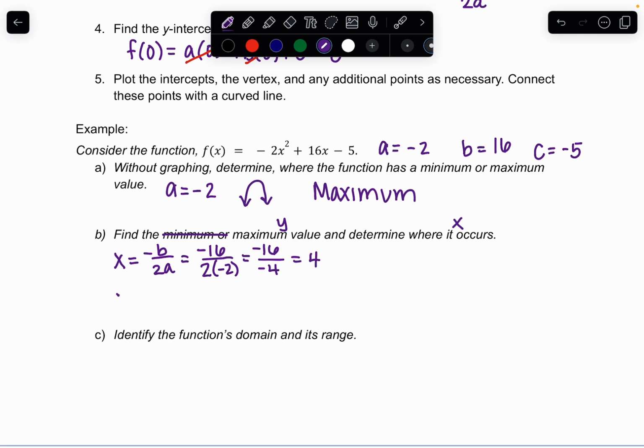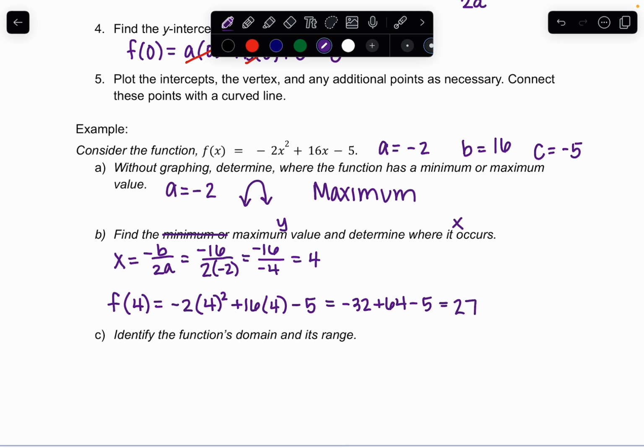Now we're going to plug that back in to find our y value. So f of 4, so we have negative 2 times 4 squared plus 16 times 4 minus 5. I recommend you plug this whole thing in your calculator at once, but you would get negative 32 plus 64 minus 5, which is going to be 27.